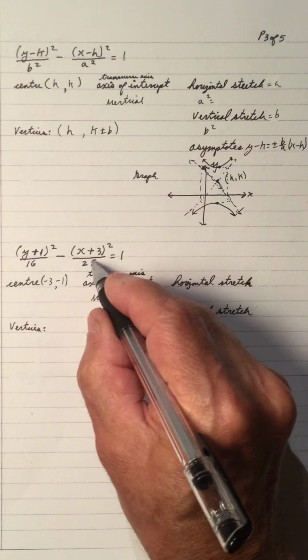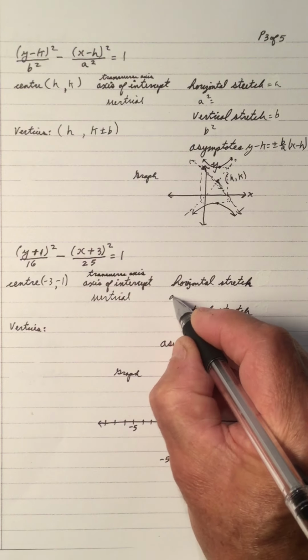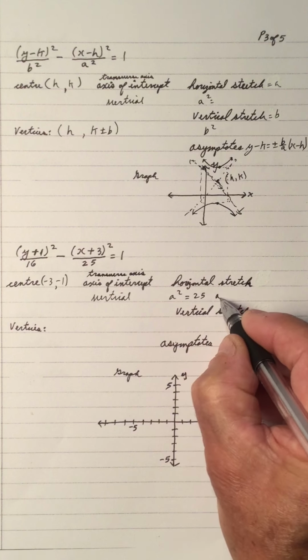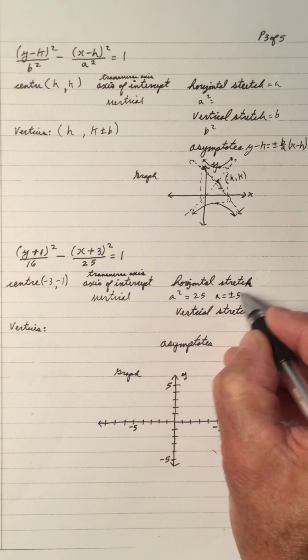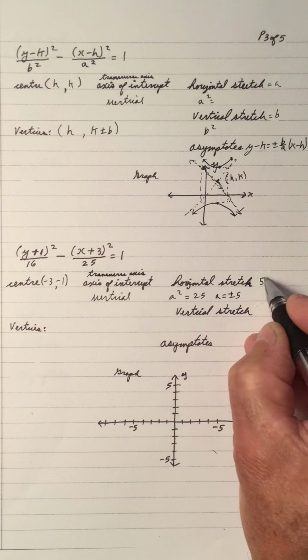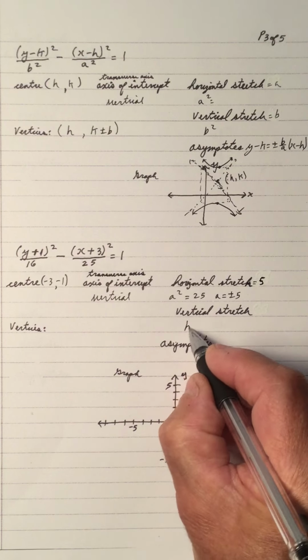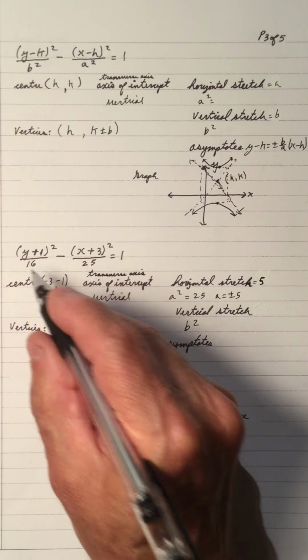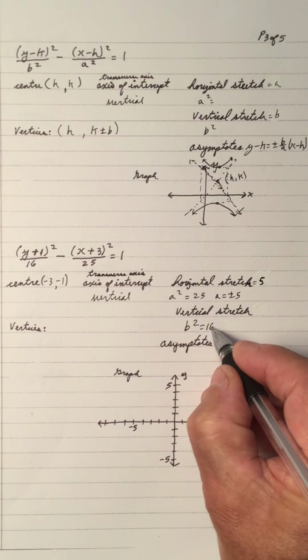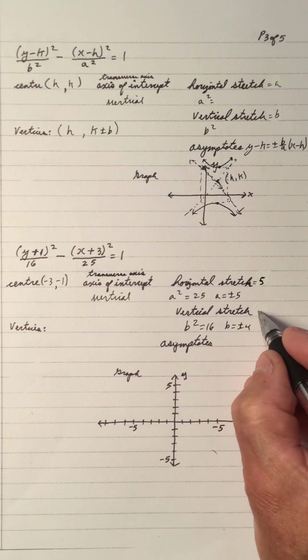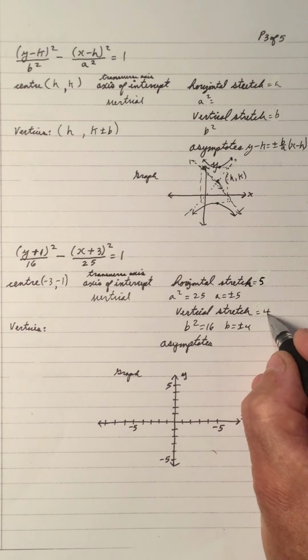The horizontal stretch, horizontal is with the x, so a squared is with the x, so a squared is 25. So a is plus minus 5, so the horizontal stretch is 5. The vertical stretch is b, so b squared is 16. So b is plus minus 4, so the vertical stretch is 4.